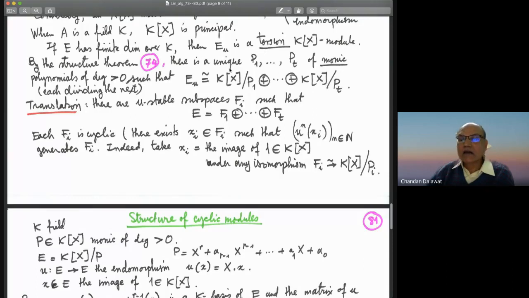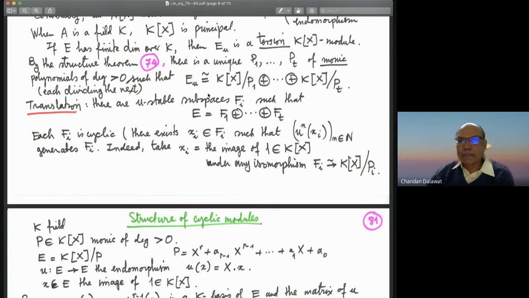They determine a sequence of elements P1 to Pt here. I can make them unique. They were determined only up to associates, but here I can make them unique by requiring these polynomials to be monic. They are of strictly positive degree, because if they have degree 0, then it's constant, and those are units.